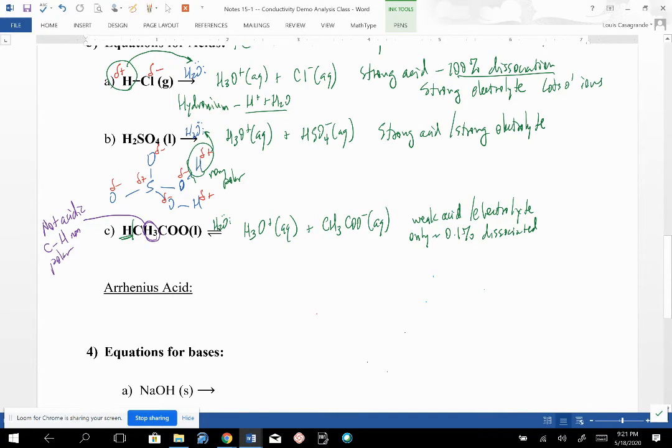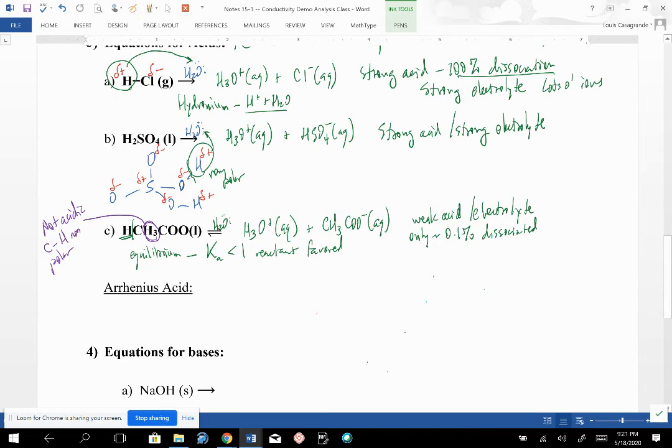So this is one of those important weak equilibria that I was talking about. This has an equilibrium. And we'll talk more about these later on. Because it's an acid, it has a special subscript. Instead of Keq, it's a Ka for acids. And the Ka is much less than 1 because this is a reactant-favored reaction.